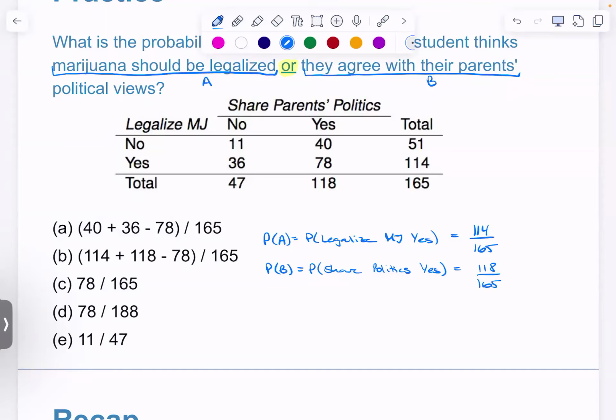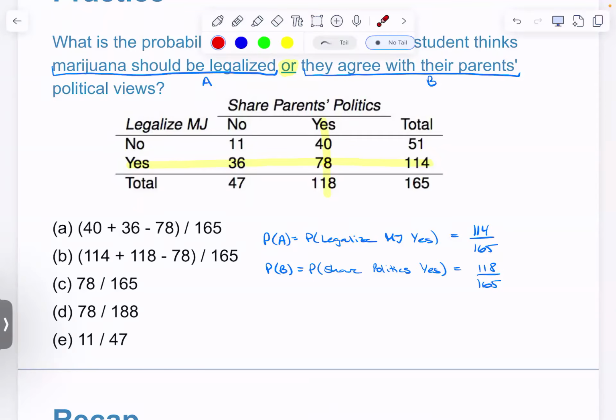There's some overlap here, especially if we read it like this. We looked at that 114, and then we looked at this 118. Notice I've counted that 78 twice, which is the probability of A and B.